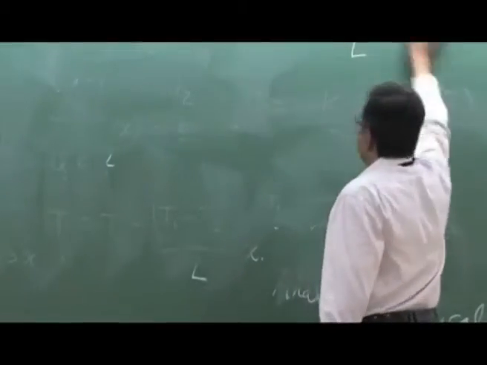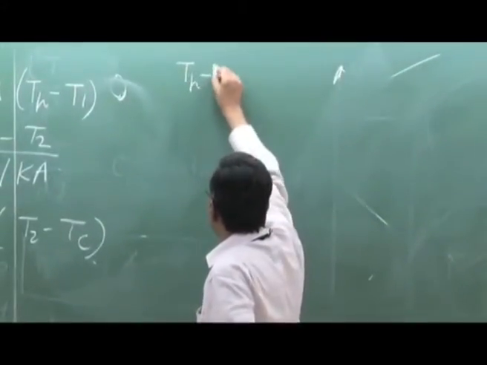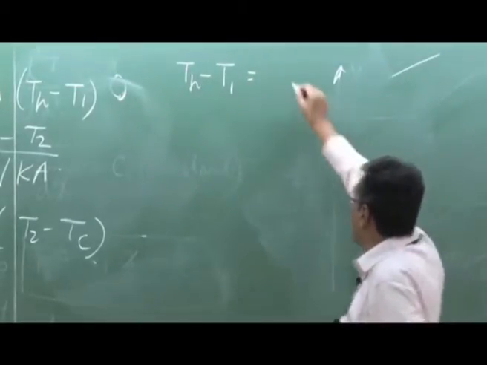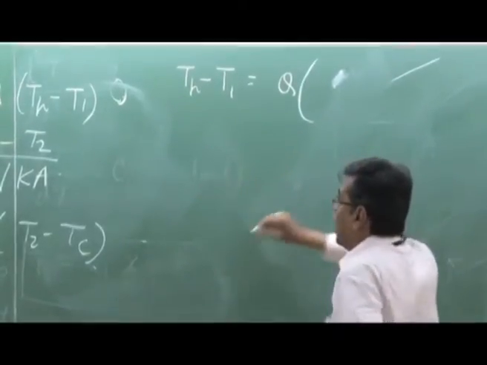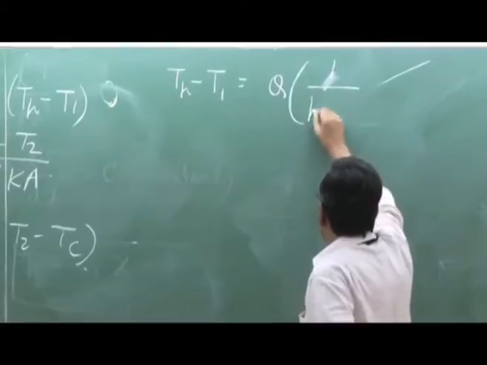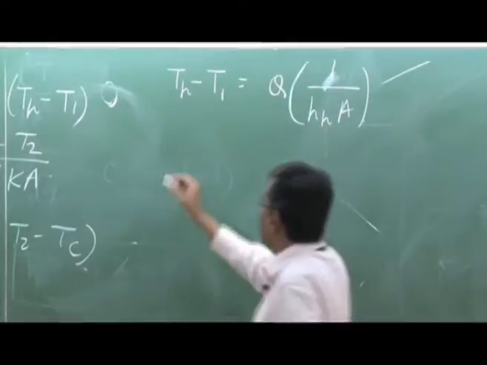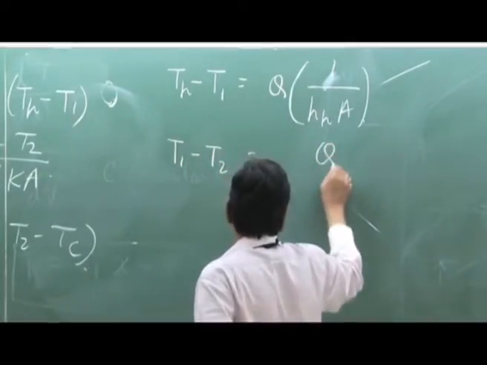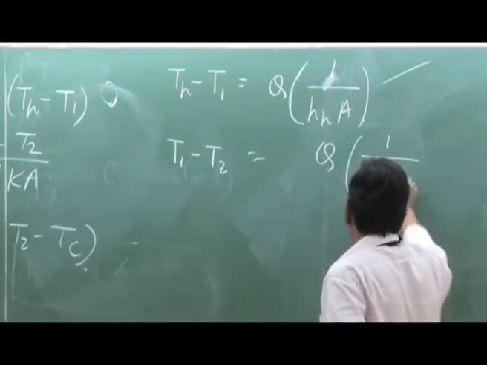Or, the other way, I write it like this: TH minus T1 is Q into 1 by HHA. Similarly, T1 minus T2 is Q into L by Ka.